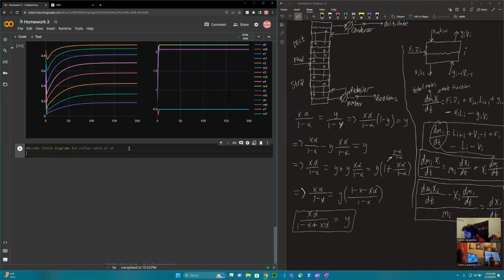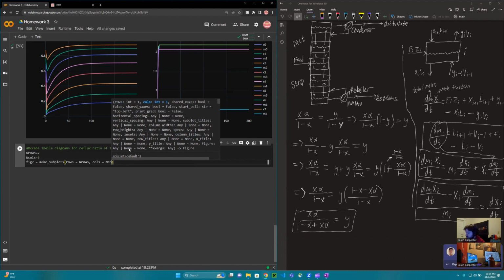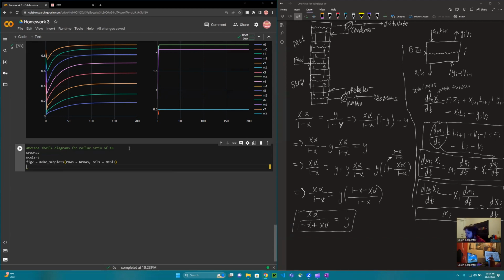Okay. So n rows equals 2, and then n cols equals 3. So it's going to be a 2 by 3 with number of plots. So fig 2 equals make_subplots, rows equals n rows, cols equals n cols. T, wait.